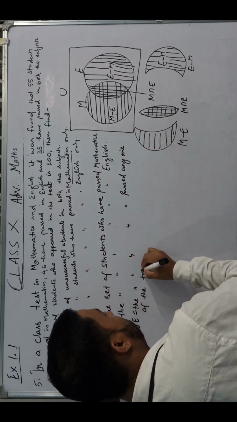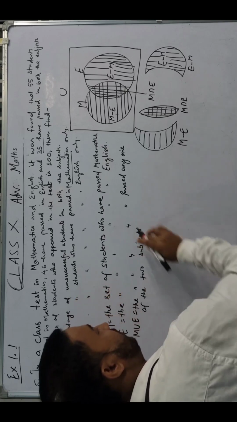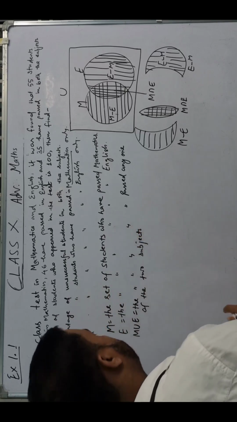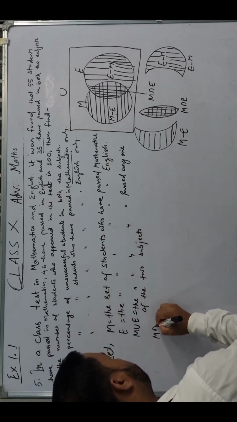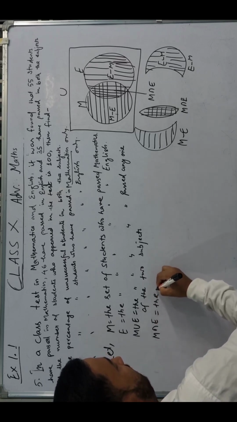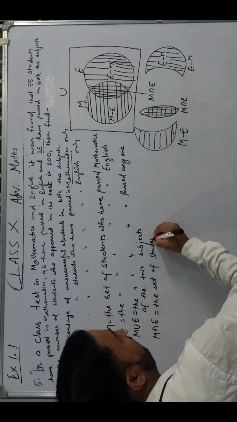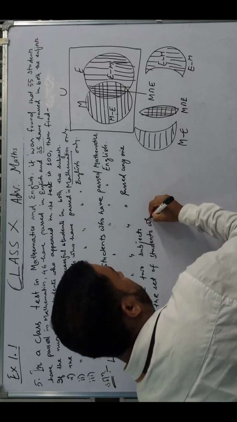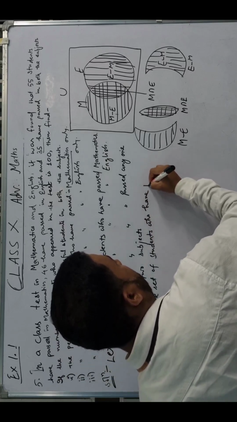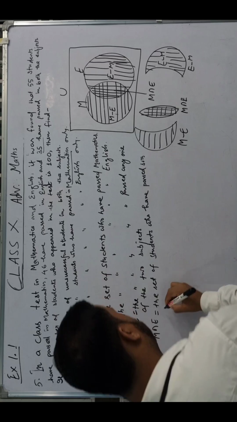Okay, any one of the two subjects. What is M intersection E then? M intersection E will be the set of students who have passed both the subjects.